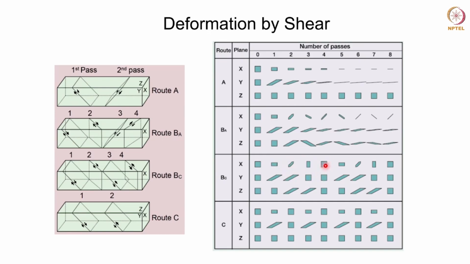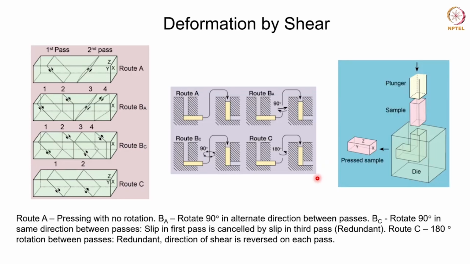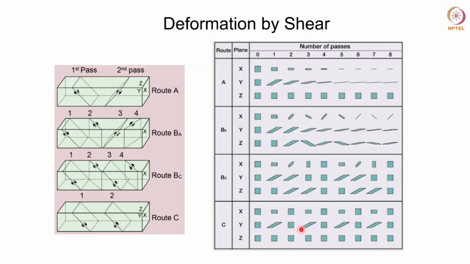So when you come to the fourth pass, you can see that the element is restored again. So this is what I said before. If you remember, in case of route BC, the slip in the first pass is cancelled by the slip in the third pass, and therefore in the fourth pass it will be back to the original condition, right?